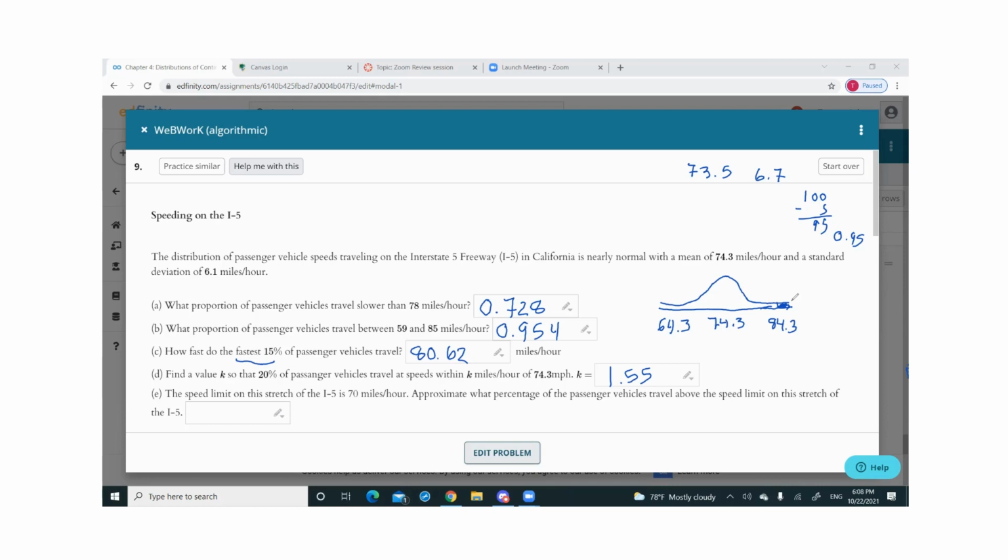So what you're going to do in your calculator, you're going to go to second vars, inverse norm, and then 0.95 will be your area. Your mean will be 73.5, and your standard deviation will be 6.7. No, I didn't do that right, hold on.